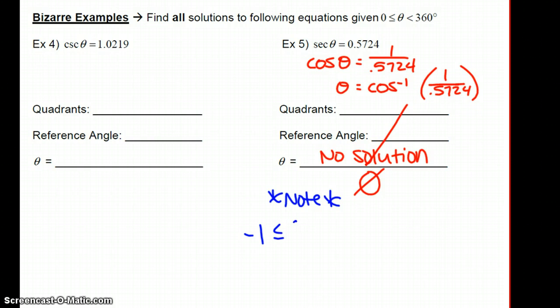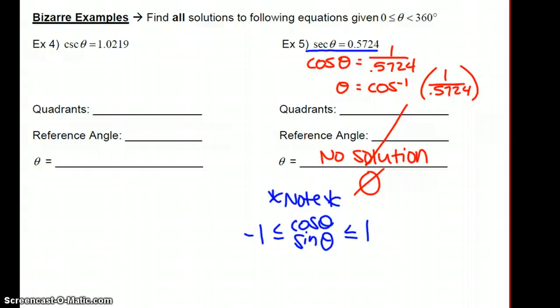Sine and cosine can only have values that fall greater than or equal to -1 and less than or equal to +1. And in turn, their reciprocals cannot have values that fall between there. So I could have noticed from the start that secant cannot give me some decimal, 0.57, or you might notice from here that cosine cannot give me a 1 over 0.5724. That goes beyond the bounds of both those functions.